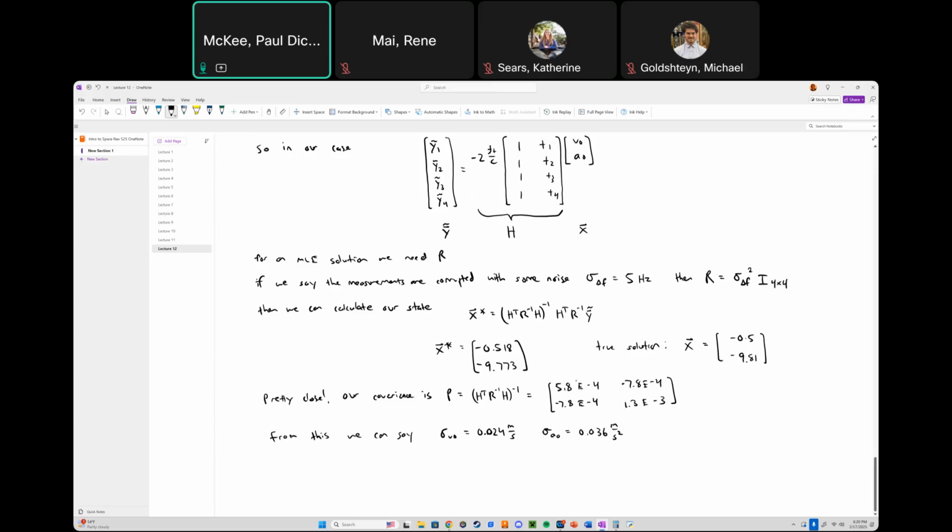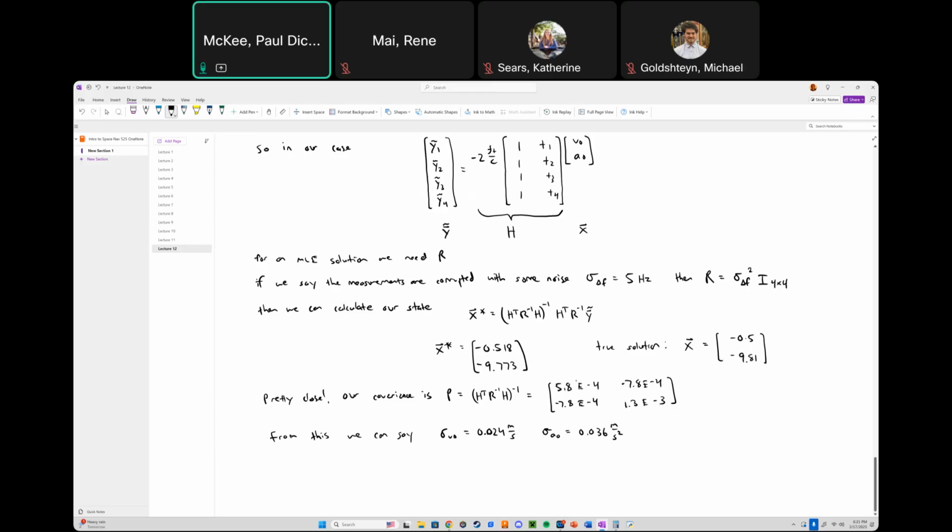Our velocity, we are off by 0.018, which is less than 1 standard deviation. So we're saying, well, look, I think I'm at negative 0.518, but here are my error bounds: I'm at 0.518 plus or minus 0.024. And actually, yes, we are. Our acceleration, we're saying, well, I think I'm at negative 9.773, but really it's negative 9.773 plus or minus 0.036. So in this case, we are roughly 1 standard deviation away from the truth on both counts.